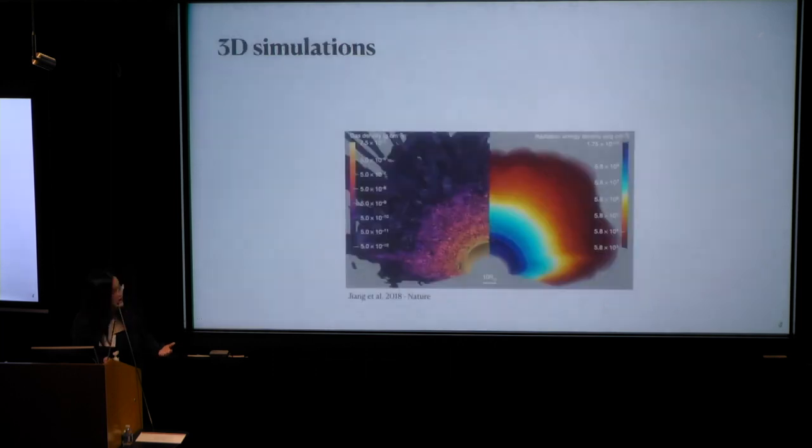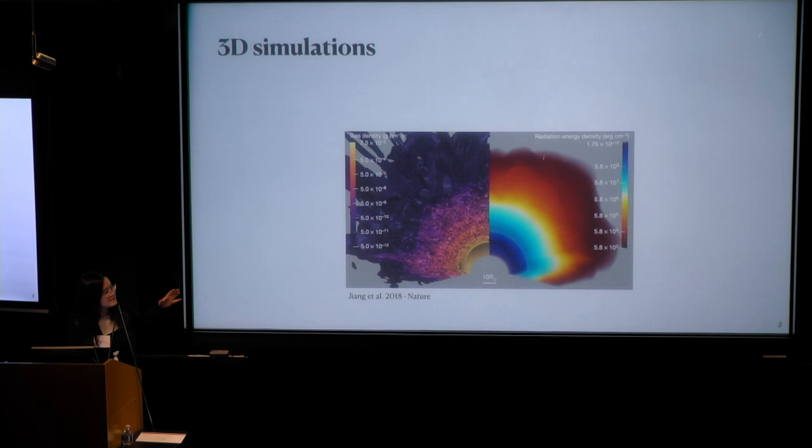Some work has gone into these 3D simulations by Yan-Fei Jiang here at the CCA in this 2018 Nature paper. Here, the center of the star is at the very bottom where the 10 R sun symbol is. I show the gas density on the left and the radiation energy density on the right. One thing to note is that in the pinkish region on the left, you can see some turbulence starting to occur, right?